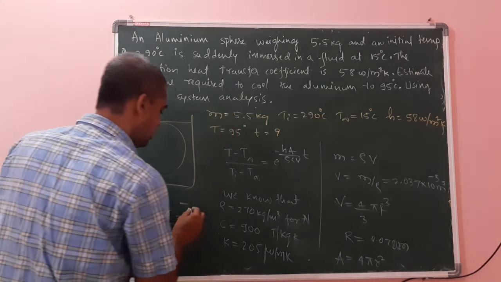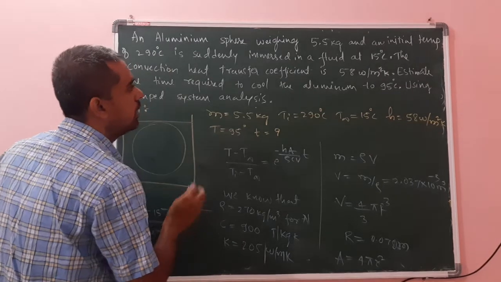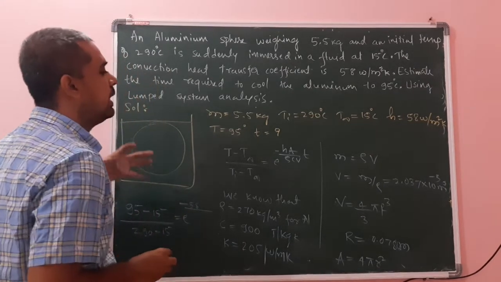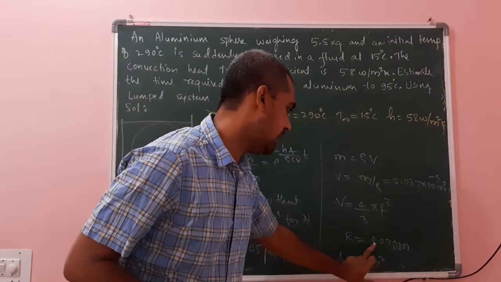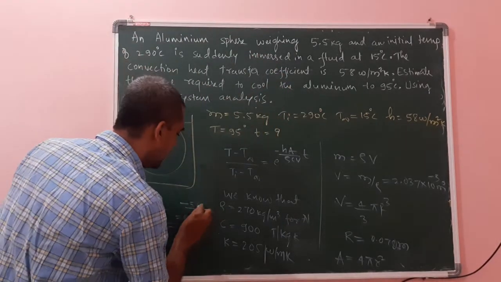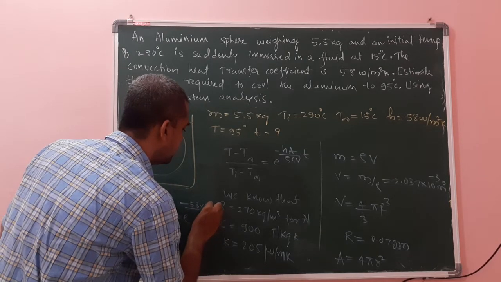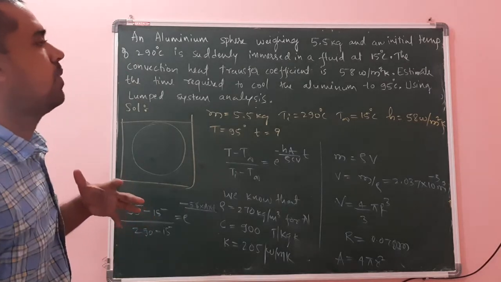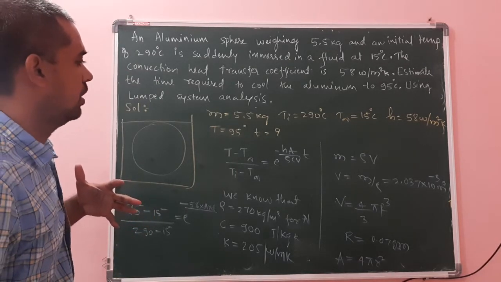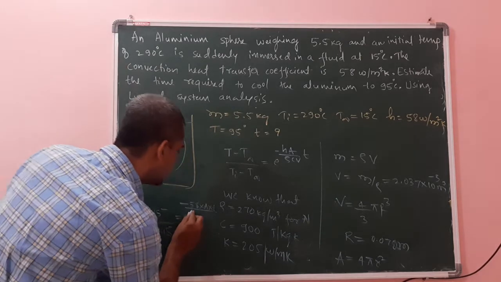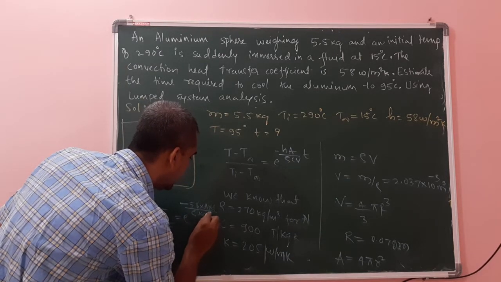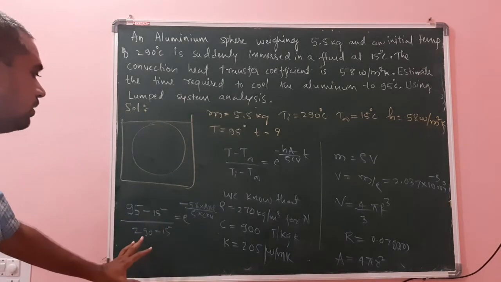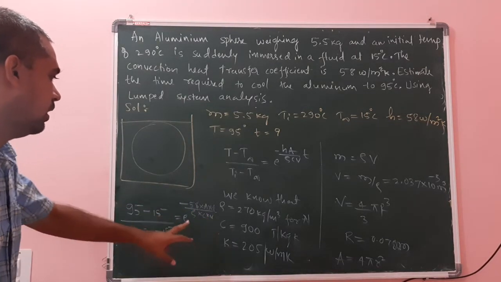H value you know, H is equal to 58 watt per meter square Kelvin. Area you know, radius you can calculate, area into T divided by rho into C V. I will not write those values. You write it and you calculate. How to calculate it? It is in here.